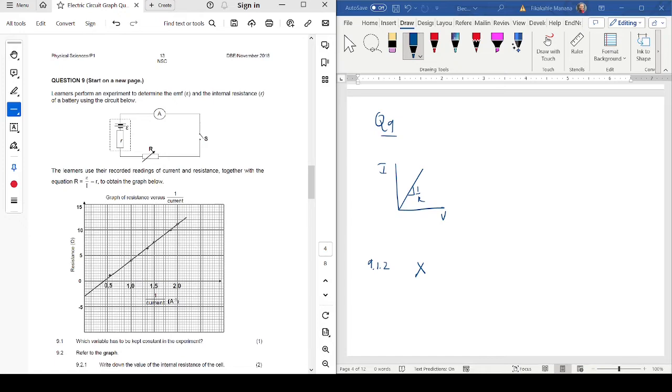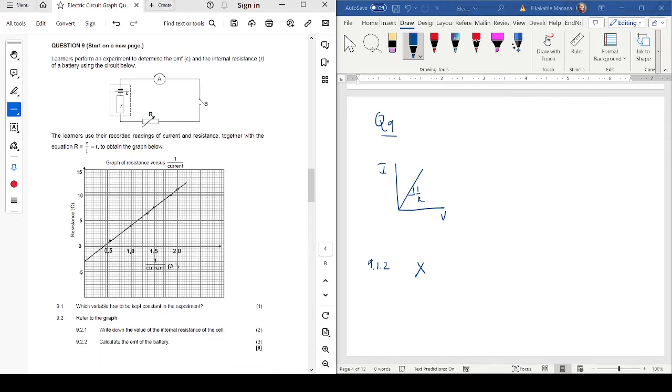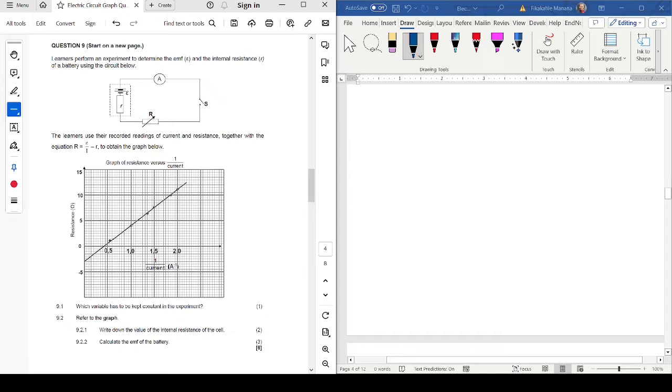The learners use the recorded readings of current and resistance together with the equation R, big R, external resistance, is equal to the EMF over I minus internal resistance to obtain the graph below. So we have resistance versus 1 over current. This is question 9.